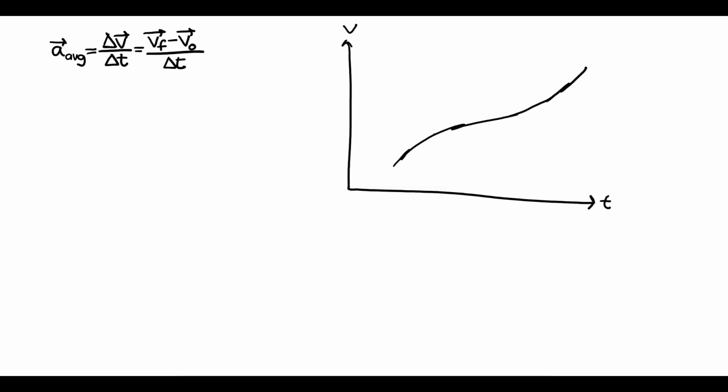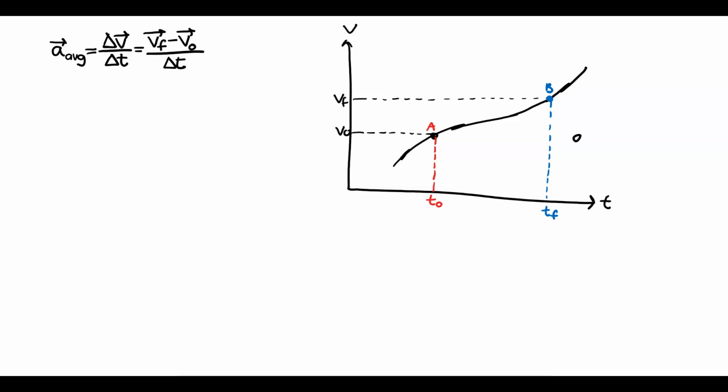the average acceleration between points A at time t0 and B at time tf, this is v0 and this is vf.